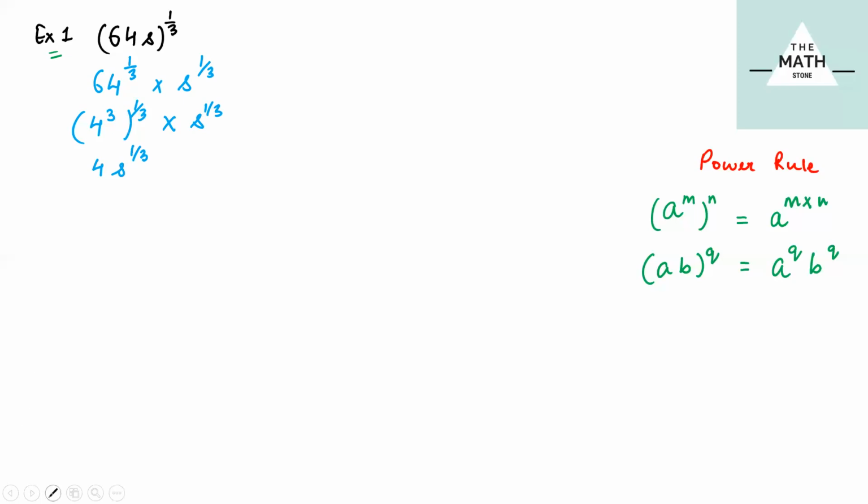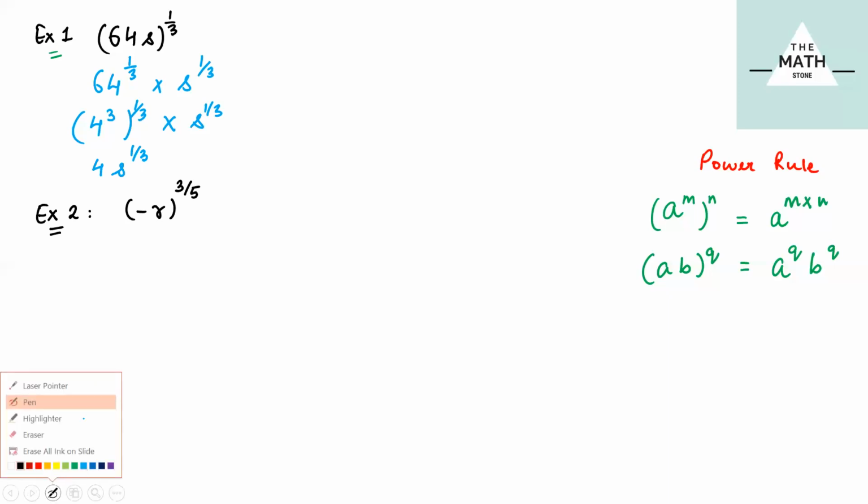Okay, let's take one more example. Example number 2. What if the base is negative? Let's say negative r raised to 3 over 5. So in this case, you have negative 1 multiplied by r.